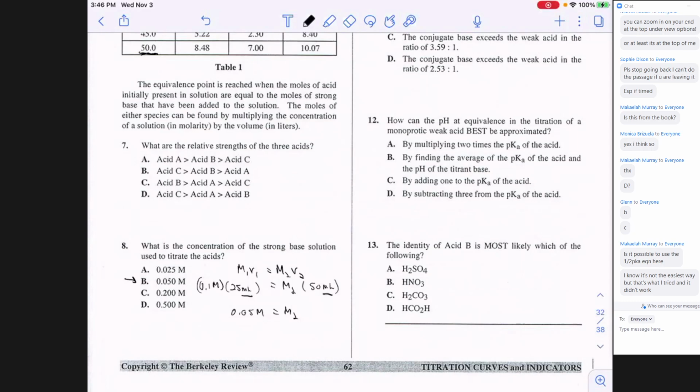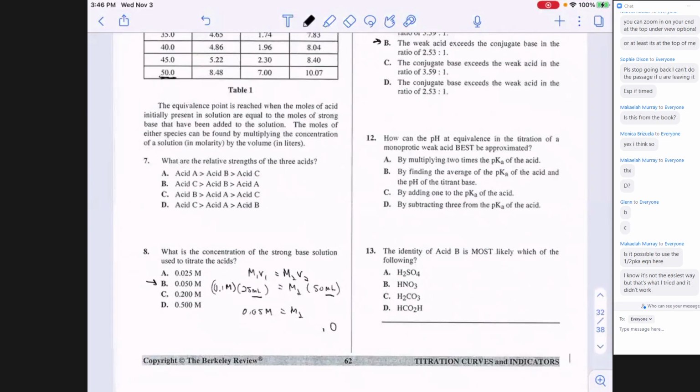Yes. That is totally not the answer. You got lucky that you did that. You'll end up with 0.05 liters, but the answer is in molarity, right? Moles per liter, and that's not what you're supposed to do. You're supposed to use this. This is like moles of acid versus moles of base, right?